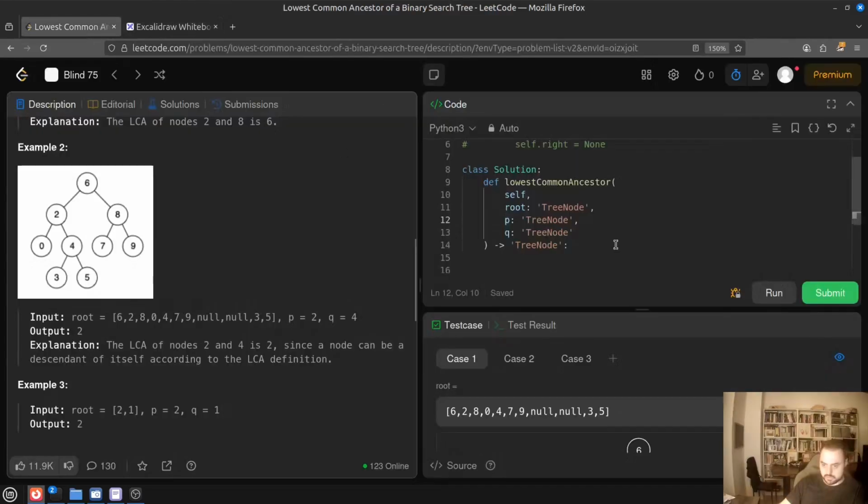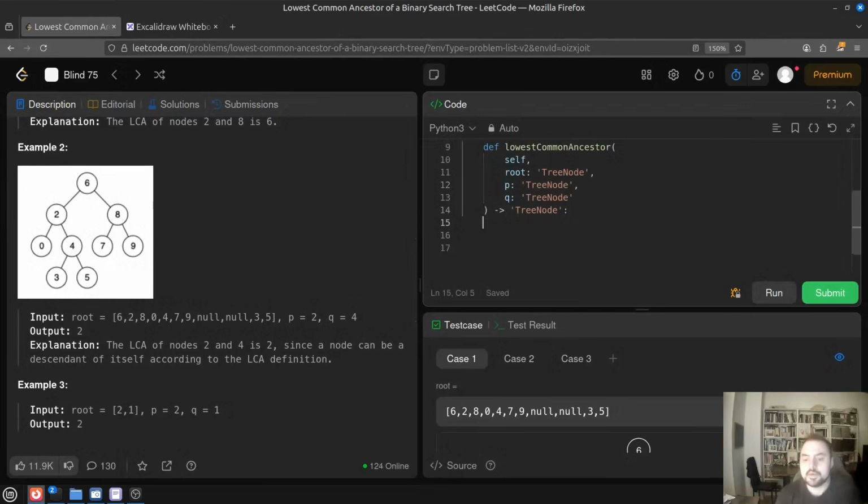So let's try to implement it in Python, and let's verify our assumptions. If P value is greater than Q value, then we swap.